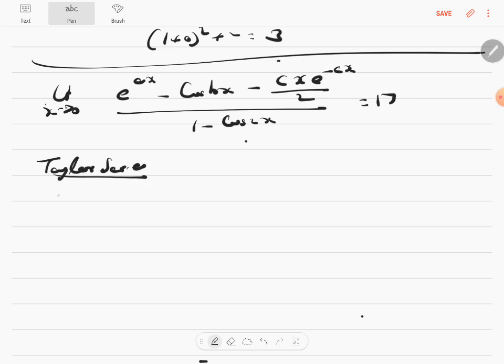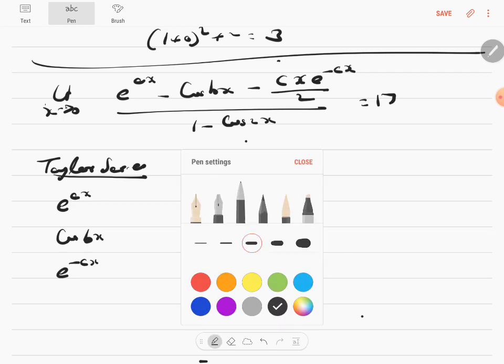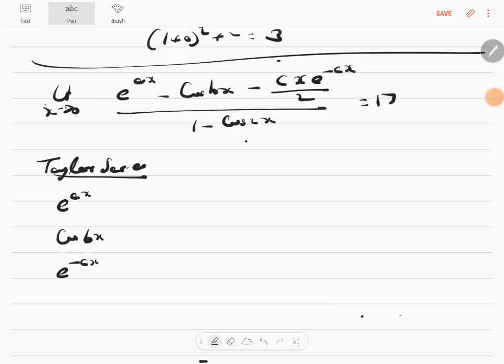A Taylor series is there for e to the power x, for cos x, and for e to the power minus x. Let's take e to the power ax, cos bx, and e to the power minus cx, the three different series. So normally e to the power x is 1 plus x plus x square by 2 factorial plus x cube by 3 factorial.